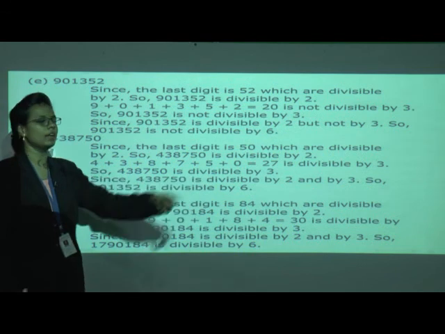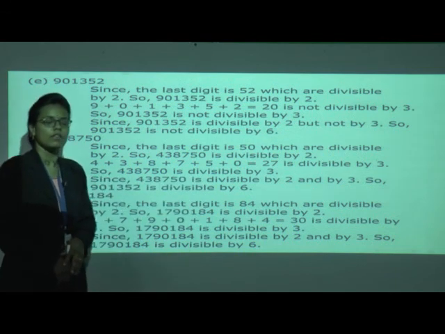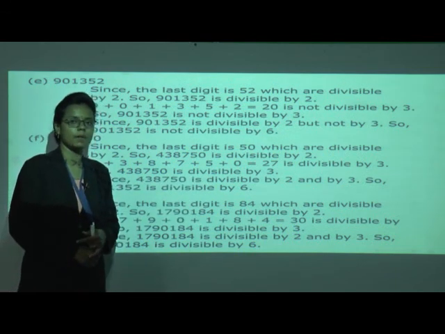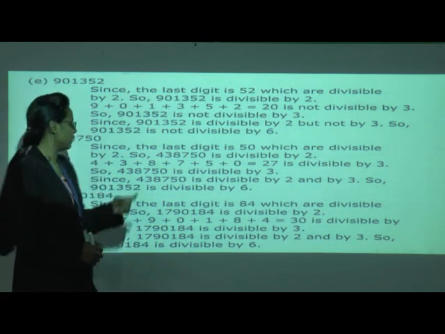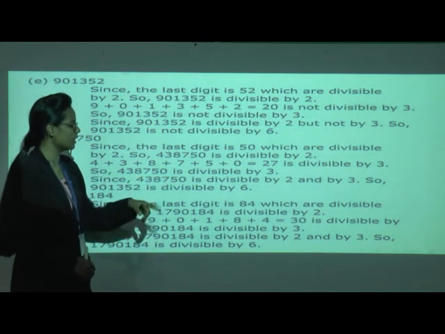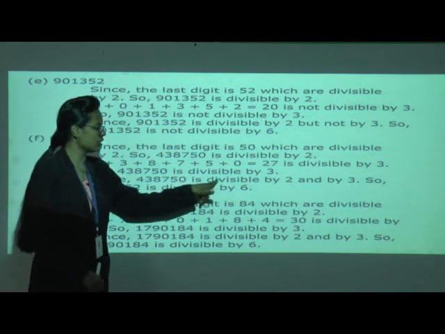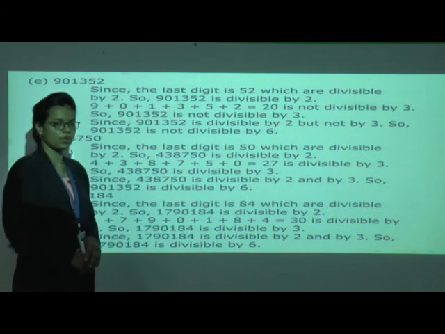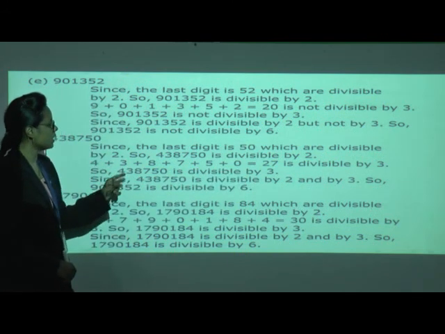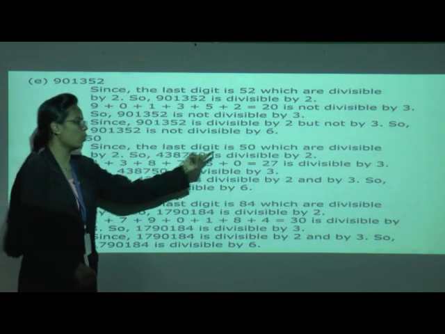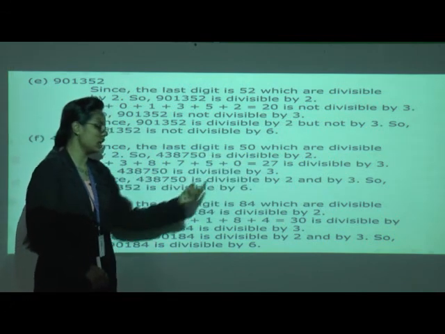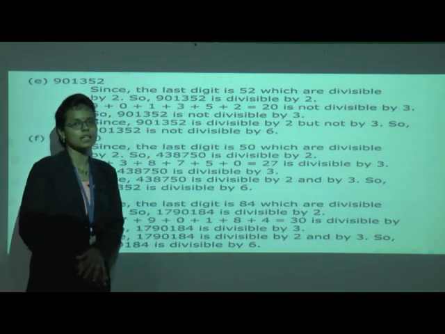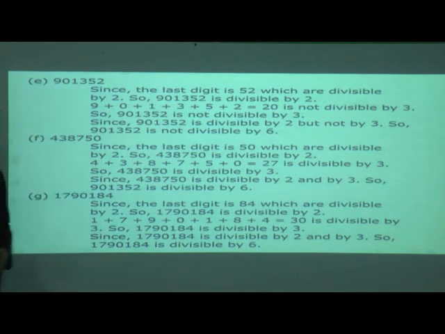When we add it, we get 27. Is 27 divisible by 3? Yes, so the number is divisible by 3. Since it is divisible by both 2 as well as 3, the number is divisible by 6.